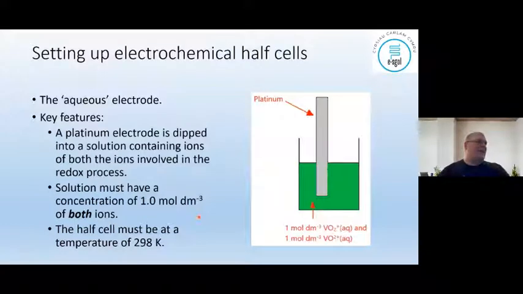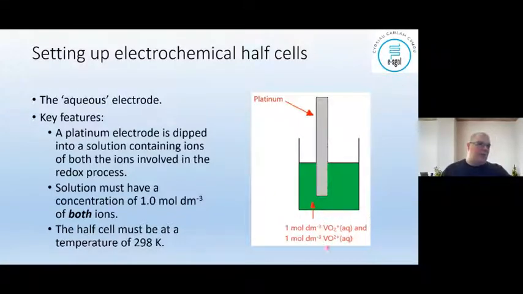And finally, this one I've called the aqueous electrode, because both the reduced and oxidized forms are in solution. So a platinum electrode is dipped into a solution containing both ions involved in the redox process. Now, the example I've given here is 2 vanadium containing ions, VO2+ and VO2+.